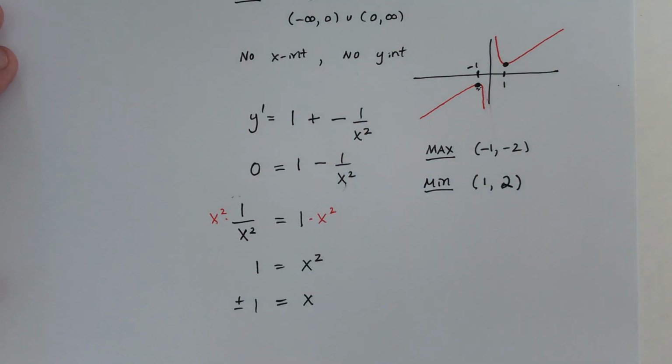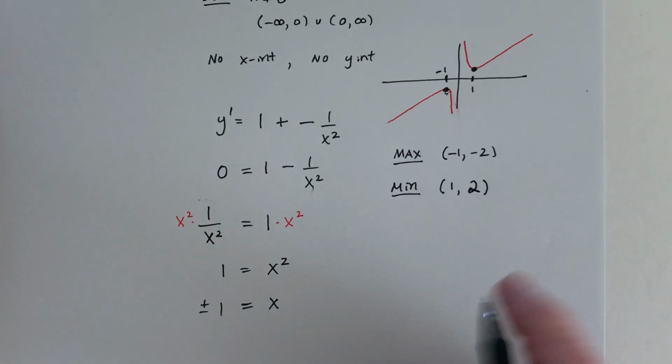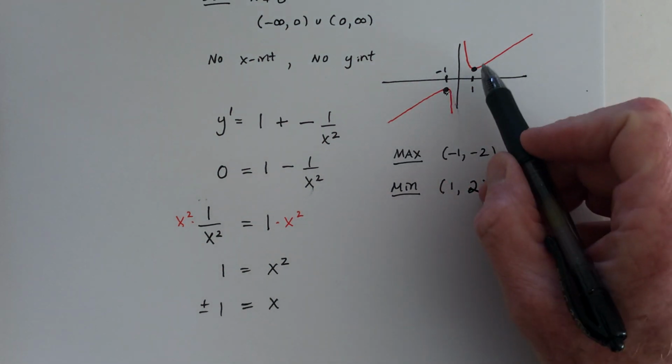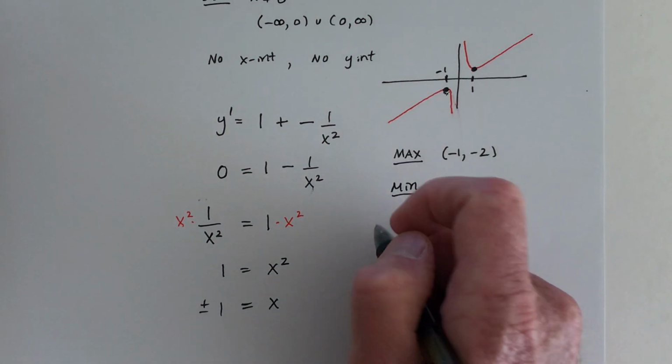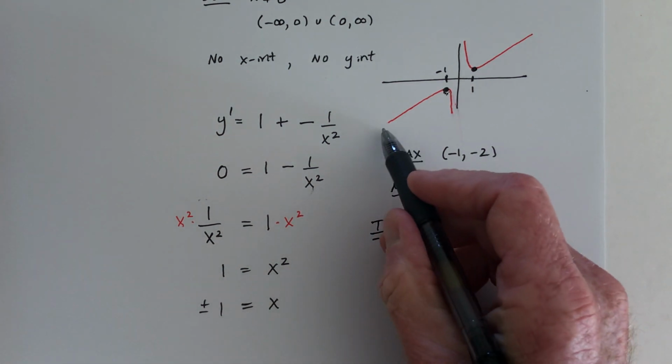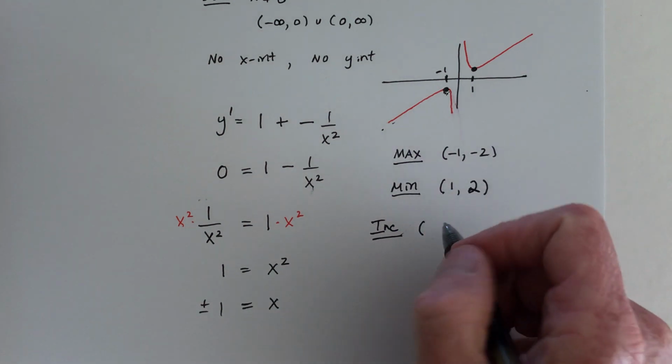All right, then the last part on this one is where is it increasing? So this left side is increasing and this side is increasing. So for increasing, that would be the left side from negative infinity until negative 1.